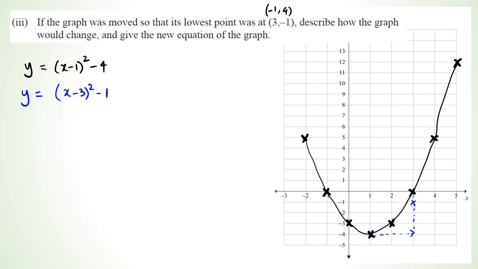And basically, my explanation would be the graph has moved, let's see, 2 units to the right, and 1, 2, 3, or up 3 units.